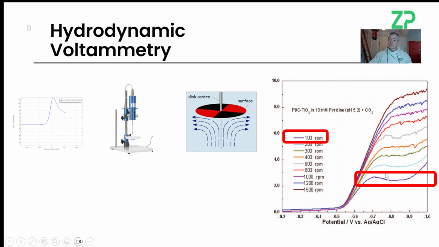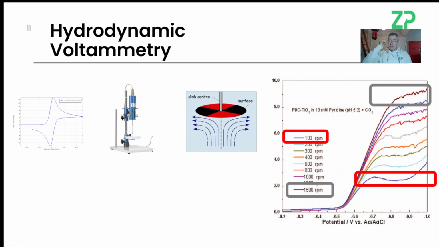This one is not steady state because we're not stirring enough. It actually dips down a bit. But when it's stirring enough, then you start to get these flat currents. So steady state current comes from steady state transportation of liquid and molecules to the surface.